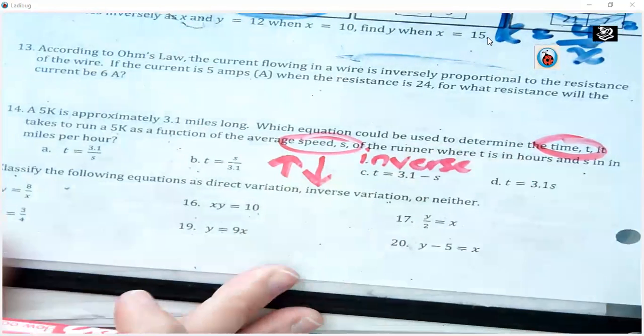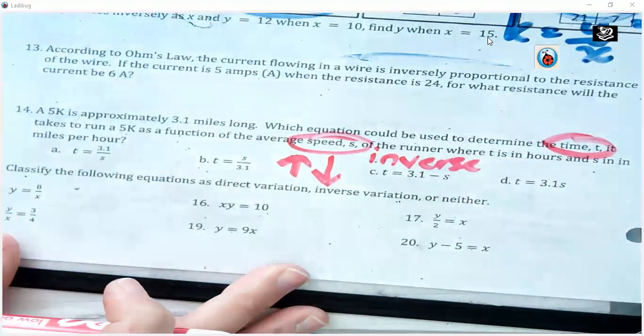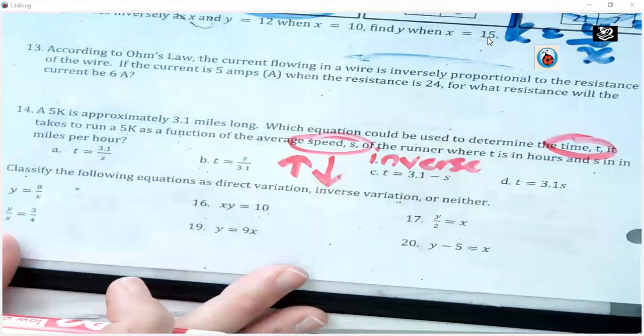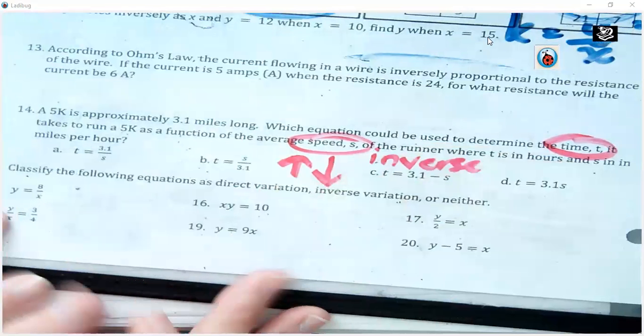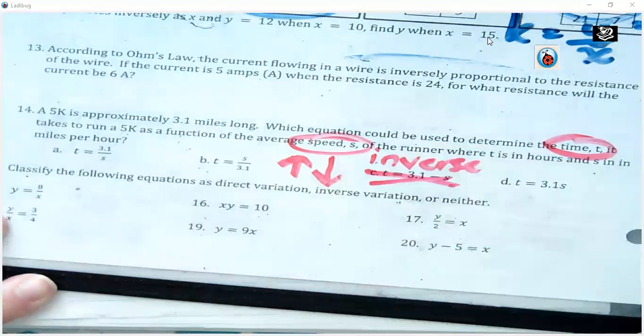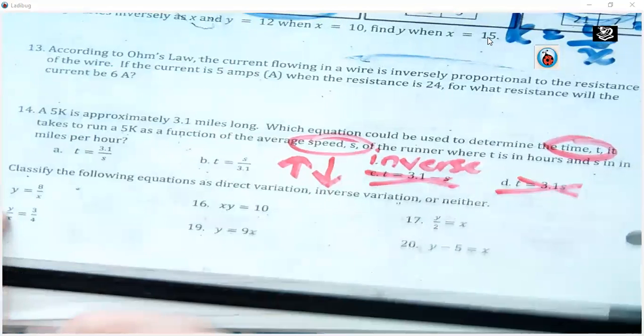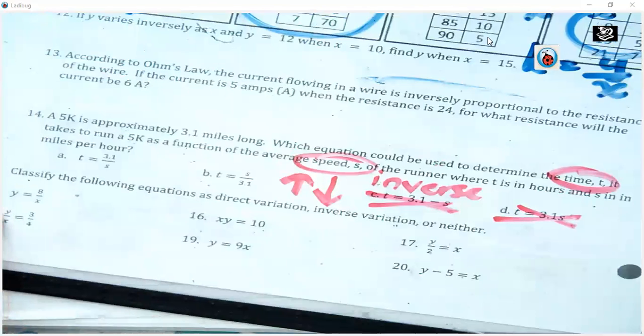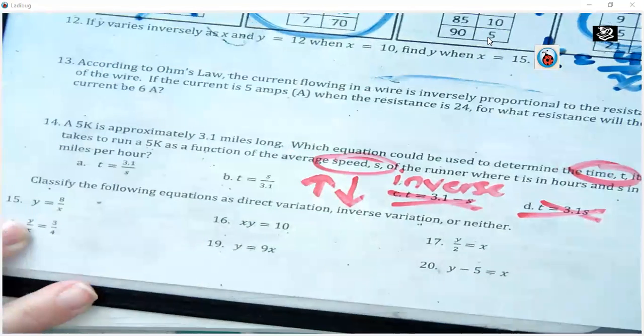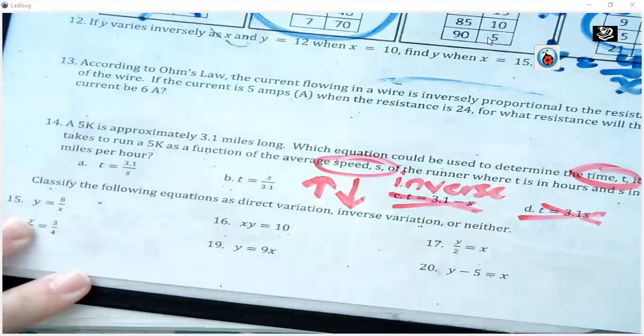What answer choice is not inverse? C. What else is not inverse? D. Okay. So is our answer A or B? A. Why does the 3.1 go on top?